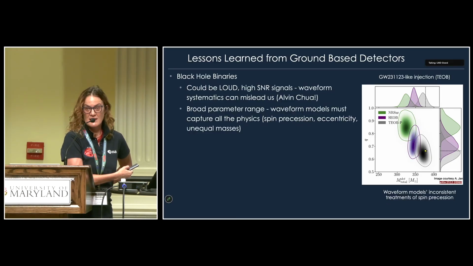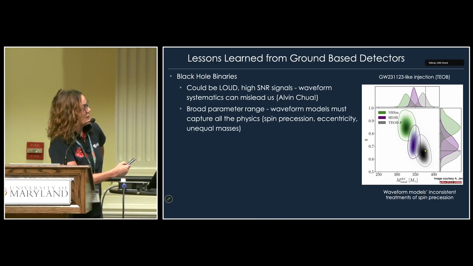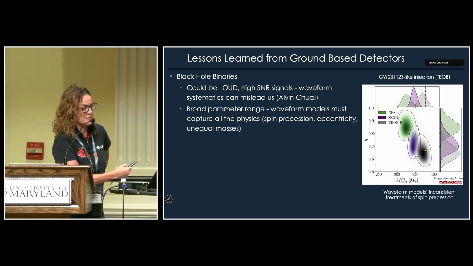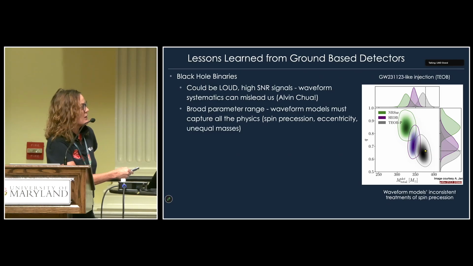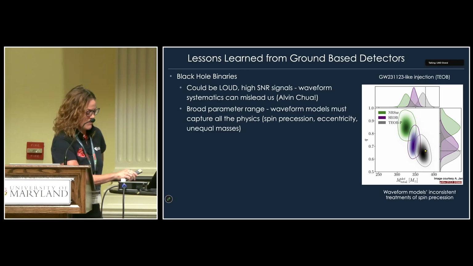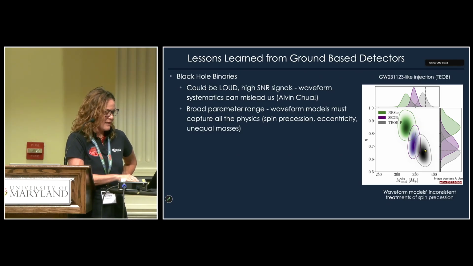This is not a ding on the models. They're fantastic and doing their job, but this is what it looks like when we have slight differences in how we treat the physics in each of these models, in this case, how we treat precession. And we have to learn that our waveform models aren't perfect, and neither is the fundamental numerical relativity, et cetera, underneath them.